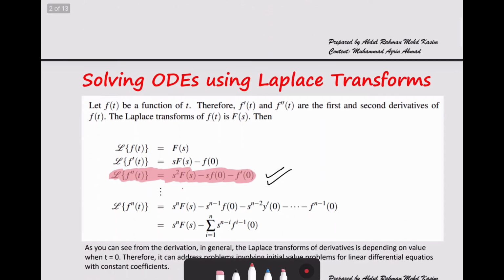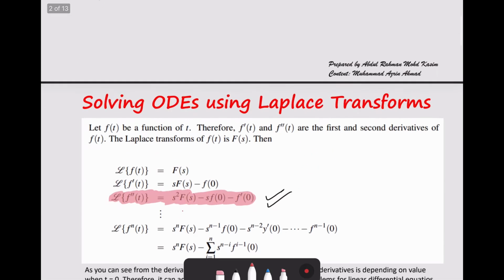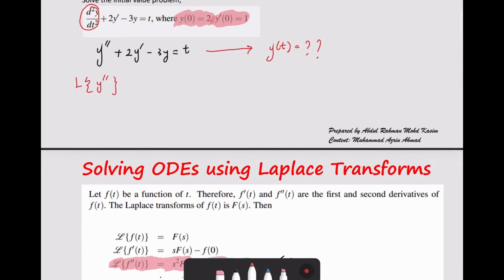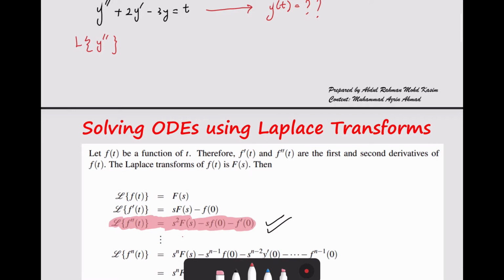According to the question, you need to know how to Laplace the y double prime. As we know, when you Laplace the y double prime, you will get s squared Y(s) minus s y(0) minus y prime(0).